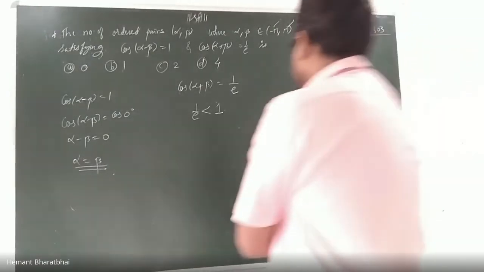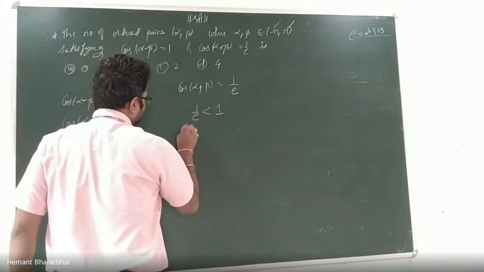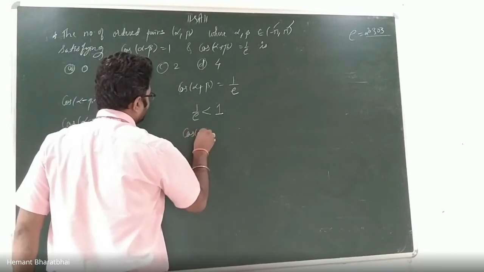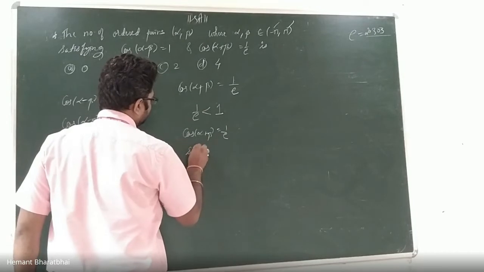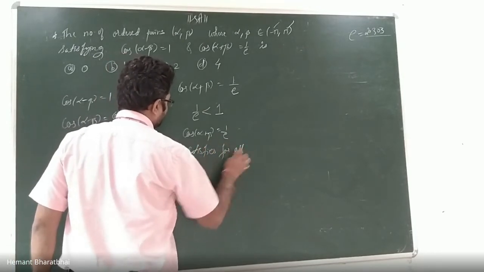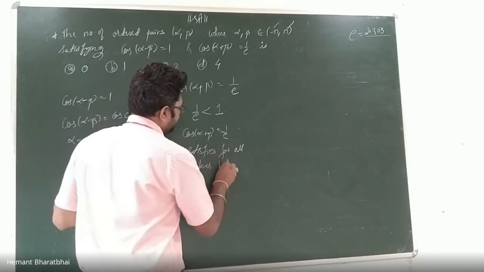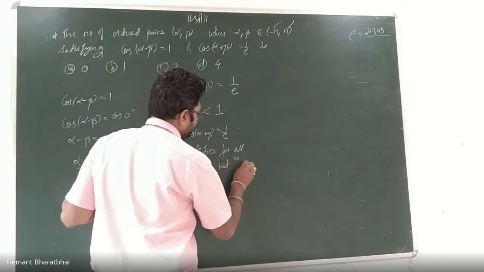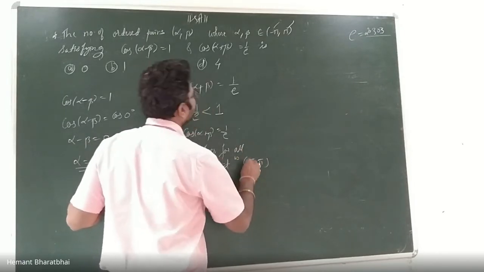So I can say that this equation cos of alpha plus beta is equal to 1 by e is satisfied for all values between the range which he has given, minus pi to pi. He has given us in the question.